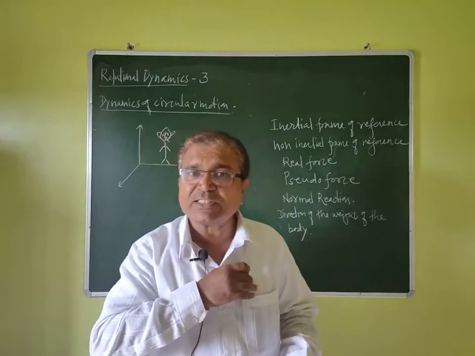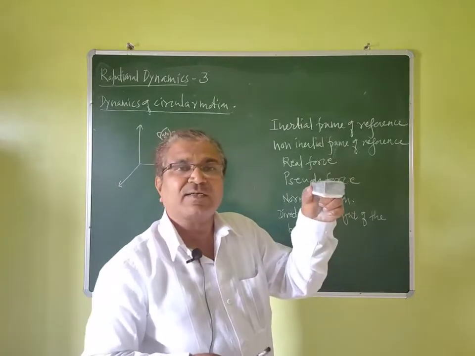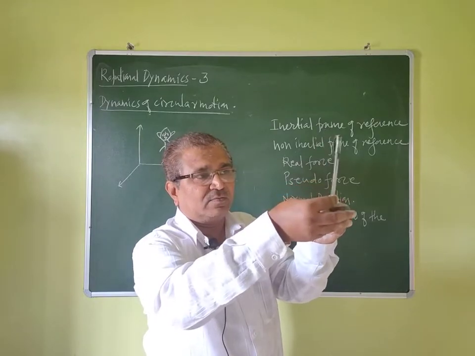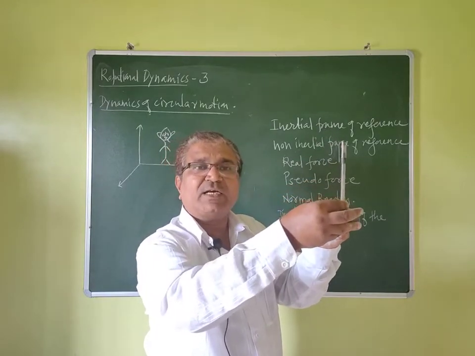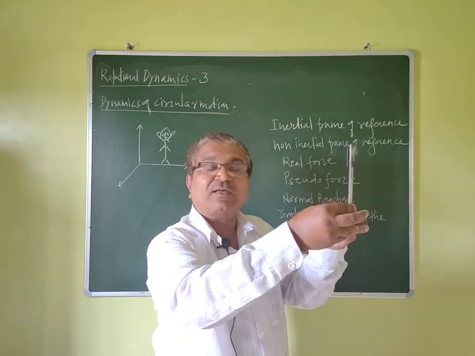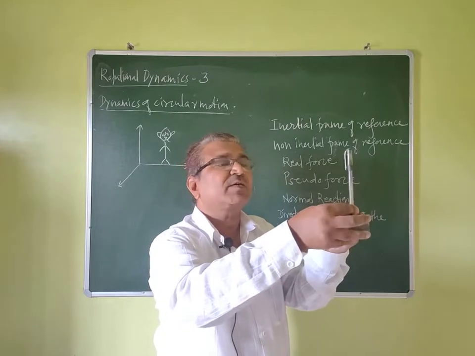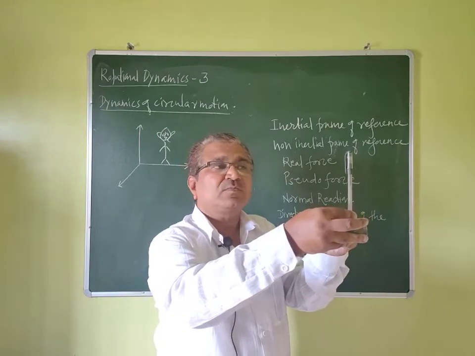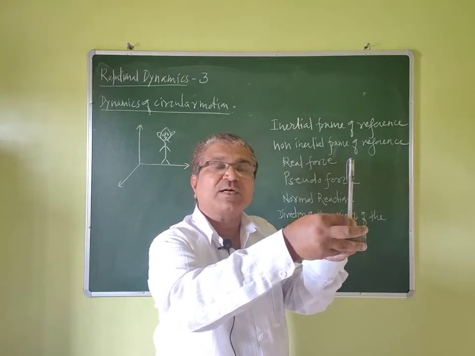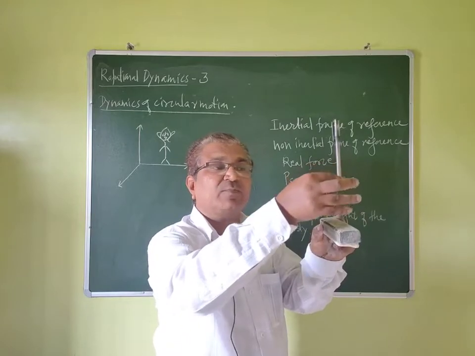What is normal reaction? Suppose this is a car and I have put a flag here on the upper surface of the car. This is always perpendicular to the surface of the car. It doesn't mean that it is always vertically upward.